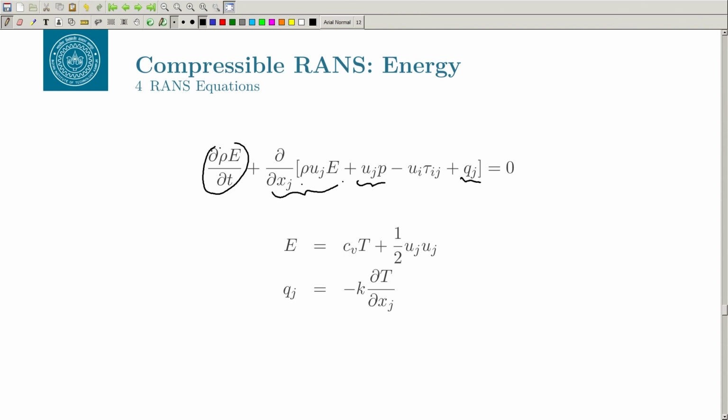So, all these terms are there, but the philosophy remains the same, because we are using T equal to T tilde plus T double prime. So, you will have additional terms appearing, because first we will use this decomposition, e bar plus e prime, and so rho u.